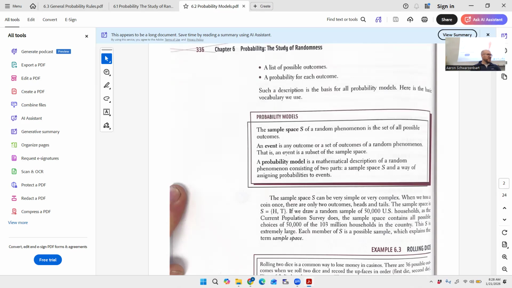To get a 7, you can have a 2 and a 5, or a 1 and a 6. Or a 6 and a 1, which is different. When you roll dice, for the purpose of probabilities, you have to assume that both dice are different looking. So a 6 and a 1 is different than a 1 and a 6.